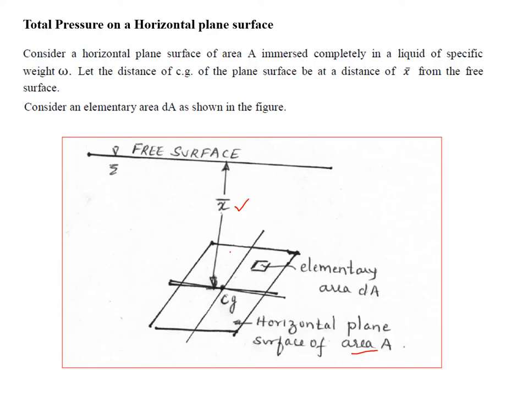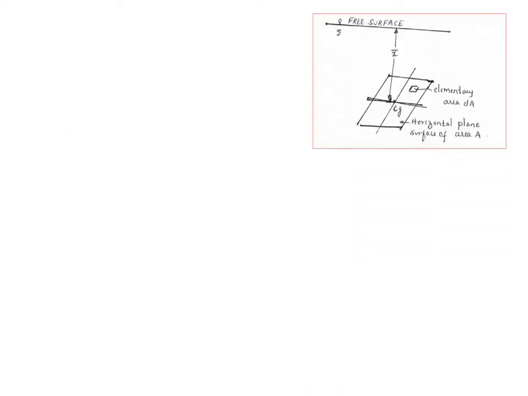Pressure intensity depends upon the vertical distance of that area from the free surface. Since the vertical distance is x bar, pressure intensity P will be equal to omega into x bar.